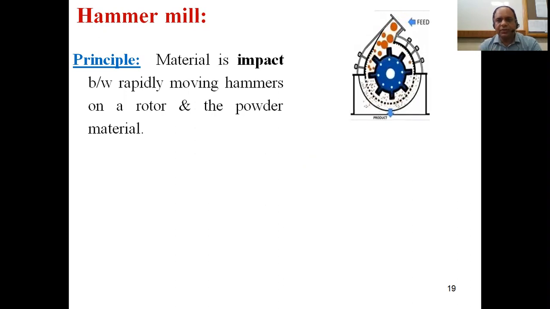As you can see in the diagram, a feed material comes in the hopper, large size material, and as this material comes in contact with the moving, rotating hammer, the material will be impacted into fine particles or coarse particles.